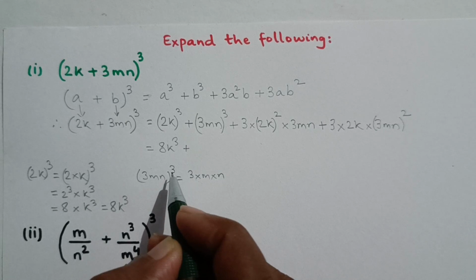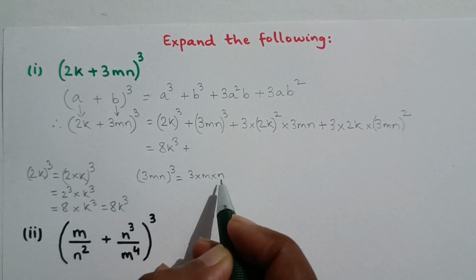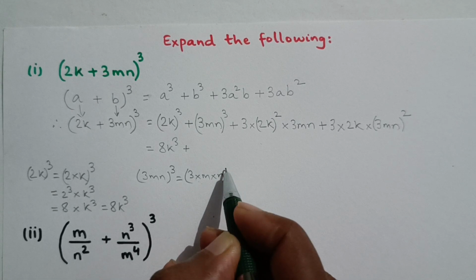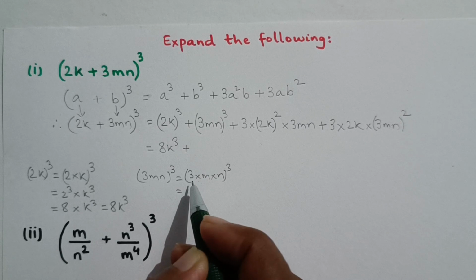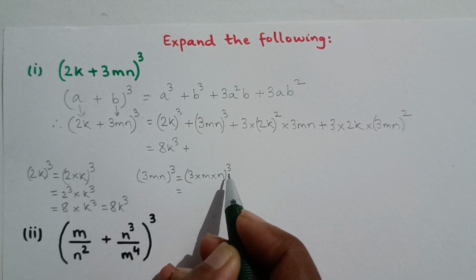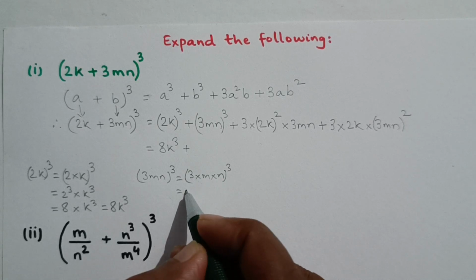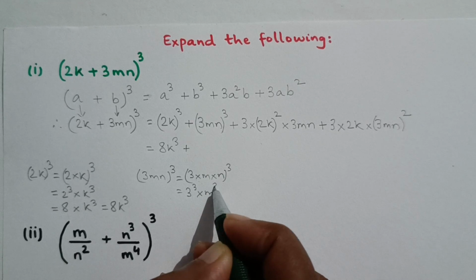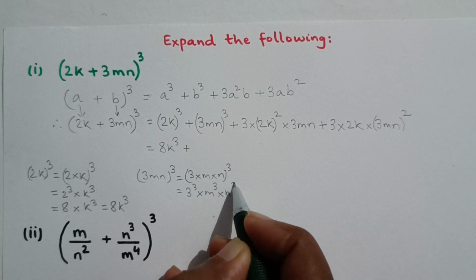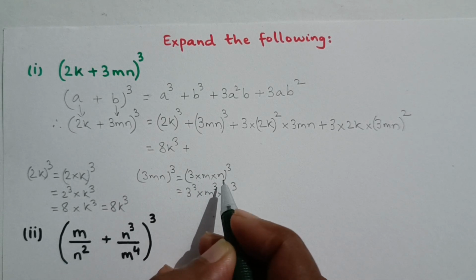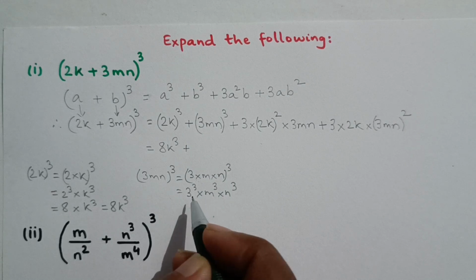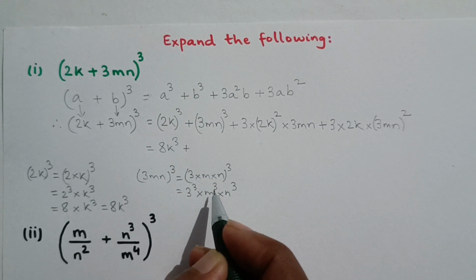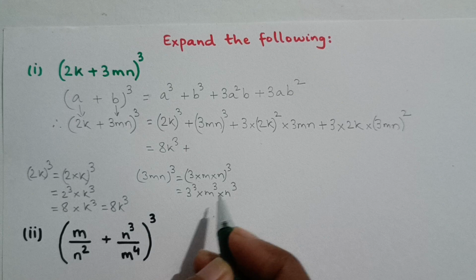Now 3mn whole cube, so 3 into m into n whole cube. Use your knowledge of exponents. So this will become 3 cube into m cube into n cube.